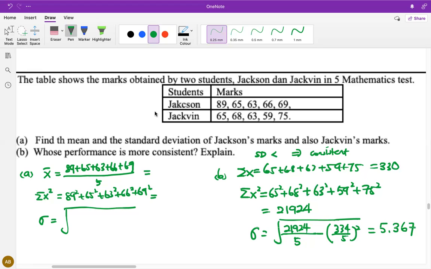Okay, correct. So this one is, all right, 59 plus 65 plus 63 plus 60, okay, 352 over 5. So here is 89 square plus 65 square plus 63 square plus 66 square plus 69 square. So it's 2532, 232.